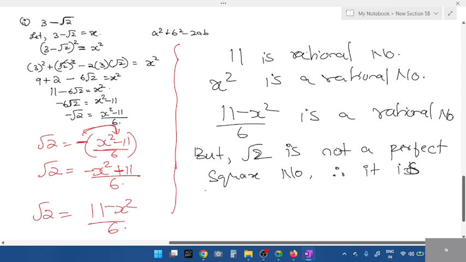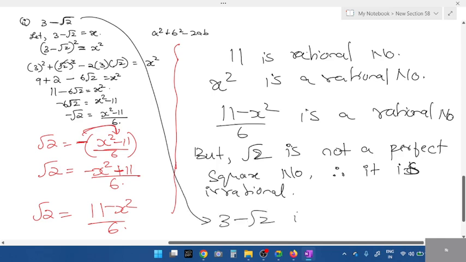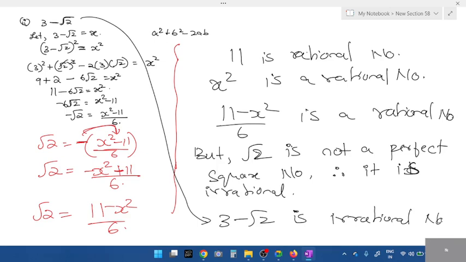Then copy the entire question, students. 3 minus root 2 is an irrational number. Is this clear? All of you understood? Okay, make a note. If anything is wrong, just change it. For the other two questions, that's it. Only two questions.